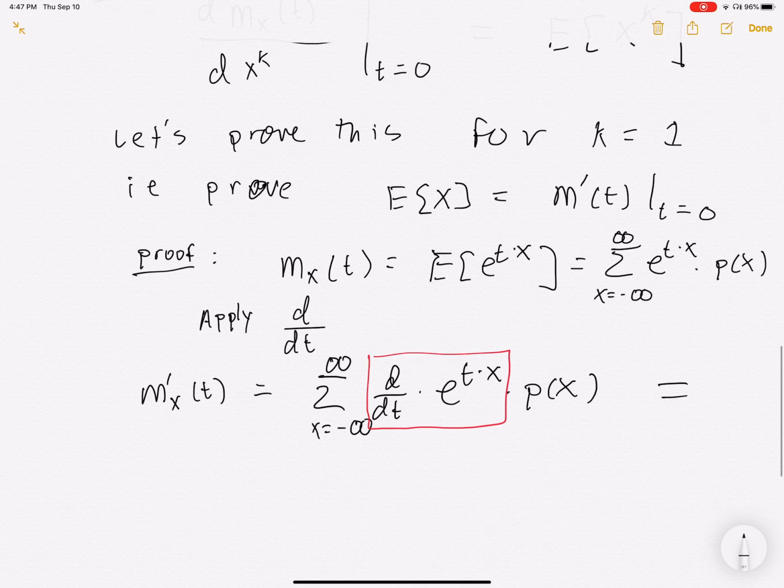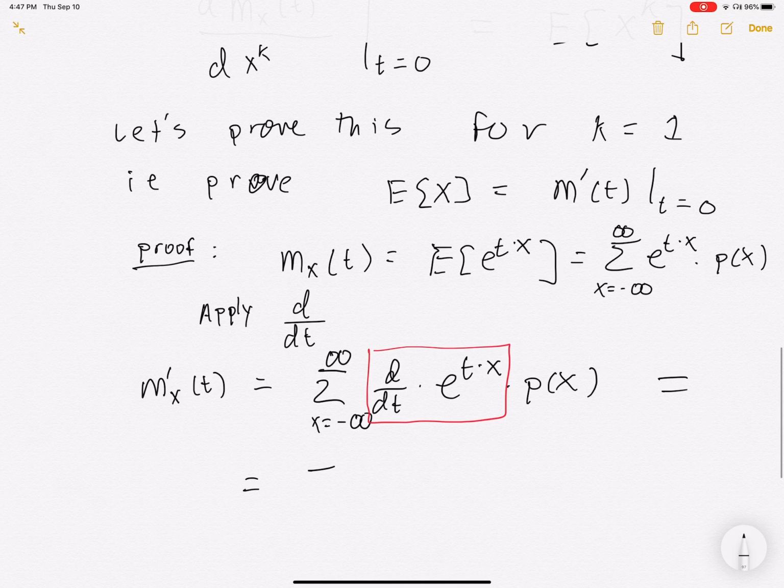So when we differentiate this, we're going to get the summation from x being minus infinity to infinity of, well, the derivative of e to the tx is e to the tx, but now we differentiate what's inside, which is the exponent. The derivative of t times x with respect to t is just going to be x. So times p of x.